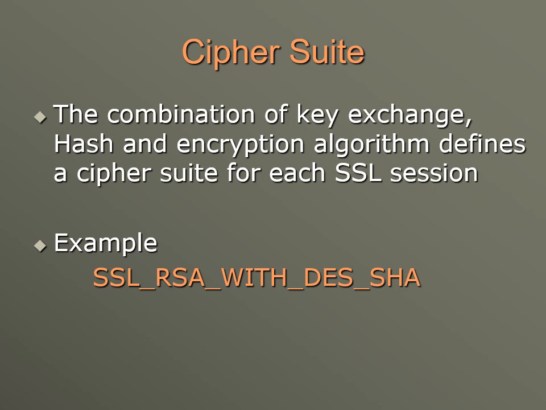So here the example states that RSA is the key exchange algorithm which is used. Then the word with is used to separate the key exchange algorithm from the encryption and hash algorithms. So here DES is the encryption algorithm and SHA is the hash algorithm to be used. So this is the cipher suite negotiated between two communicating parties for a particular SSL session, where RSA is the key exchange algorithm, DES is the encryption and decryption algorithm and SHA is the hash algorithm.